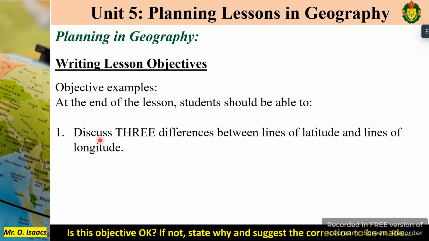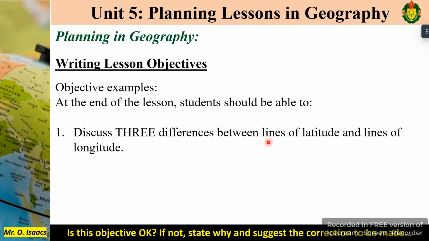Is there any way we can discuss differences between these 2 lines? I think that verb might be too strong. So the better verb to probably use is to state or outline, because all they'll be doing is just mentioning them. There's nothing more beyond mentioning them, right? So we would have to change this objective to probably state.